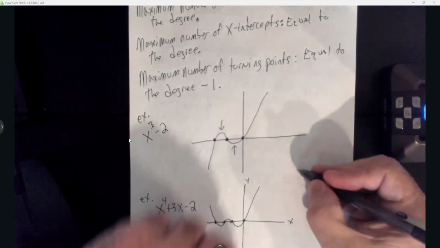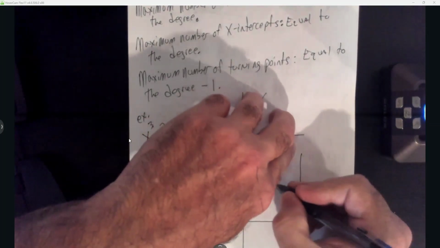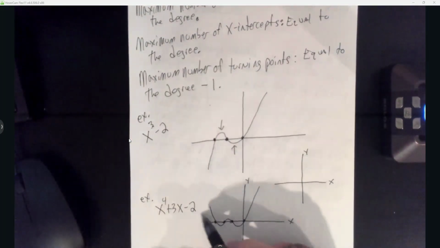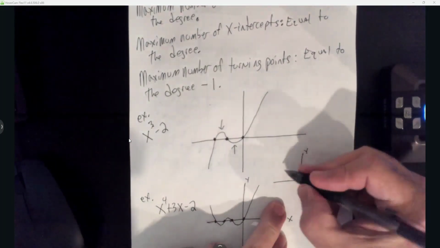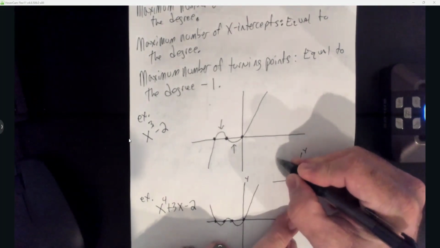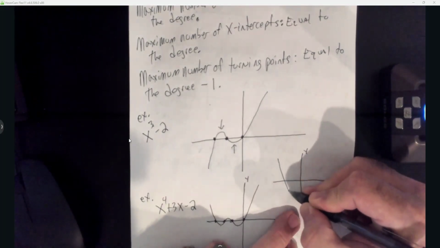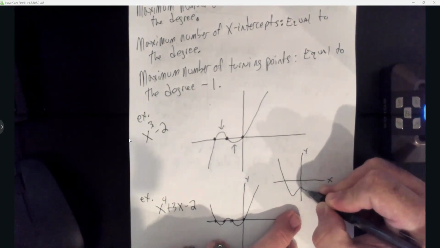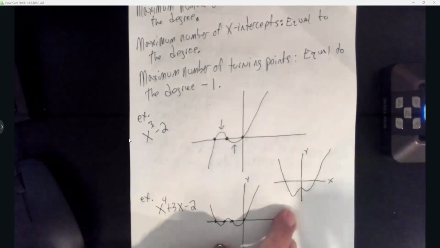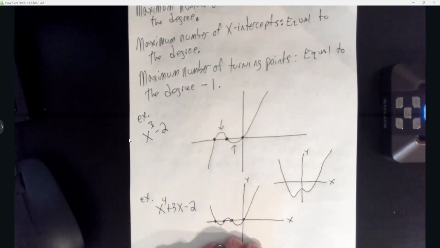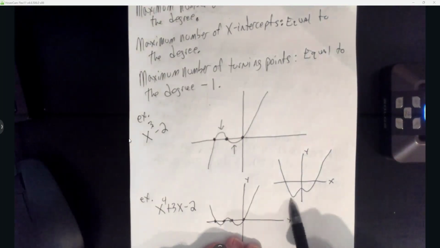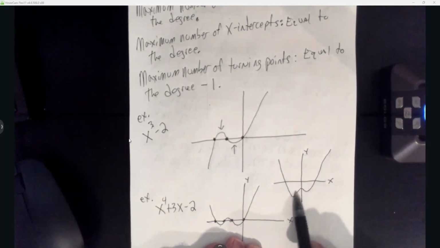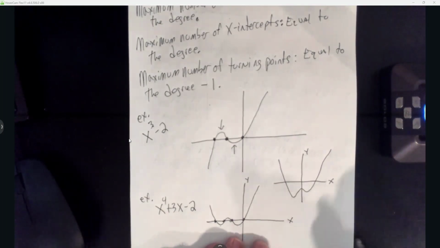Now here's the thing about this. The reason we're talking about real zeros is because something like this, it's possible this graph might come down, it might turn and do something like that. These zeros right here are going to be imaginary because it's not crossing the x-axis.